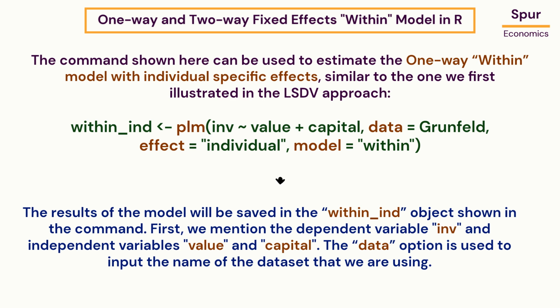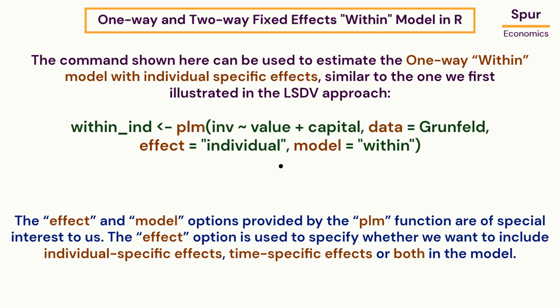First, we mention the dependent variable INV and independent variables value and capital. The data option is used to input the name of the dataset that we are using. The effect and model options provided by the PLM function are of special interest to us. The effect option is used to specify whether we want to include individual specific effects, time-specific effects, or both in the model.